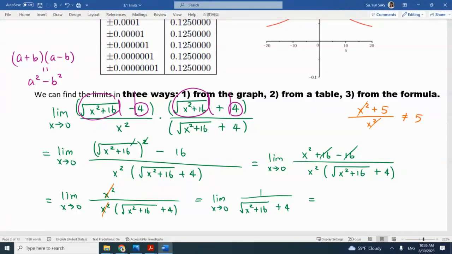But the next step, we're going to plug in x is 0, so we don't need to put the limit because we are plugging in x is 0. So 1 over the square root of 0 squared plus 16, plus 4. What's that? What's the square root of 16? 4 plus 4? 8. 1 over 8. And do you know 1 over 8 is actually 0.125? Yes? So this is our answer.